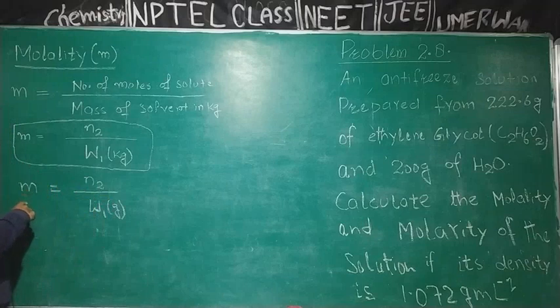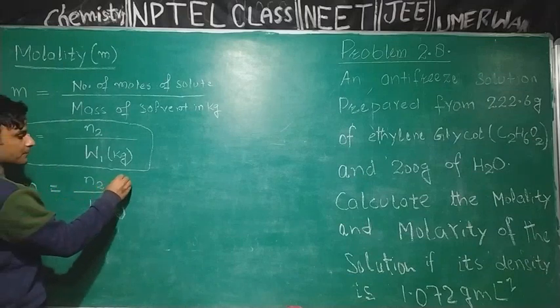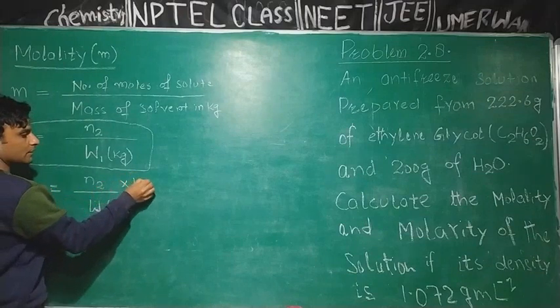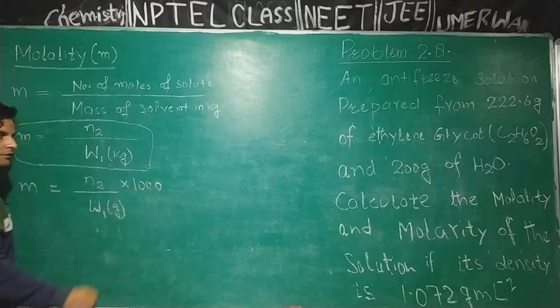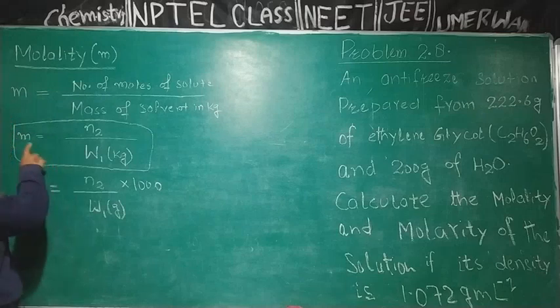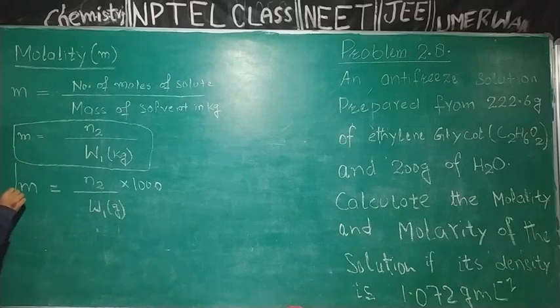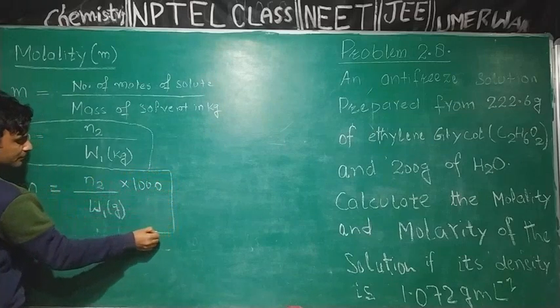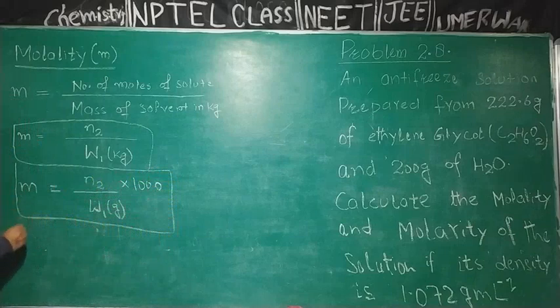It is not equal to molality unless I multiply it by 1000. Now RHS side of this equation gives me number of moles of solute present in 1000 grams of solvent, which is equal to 1 kg of solvent and which is equal to molality. This is one more equation of molality.